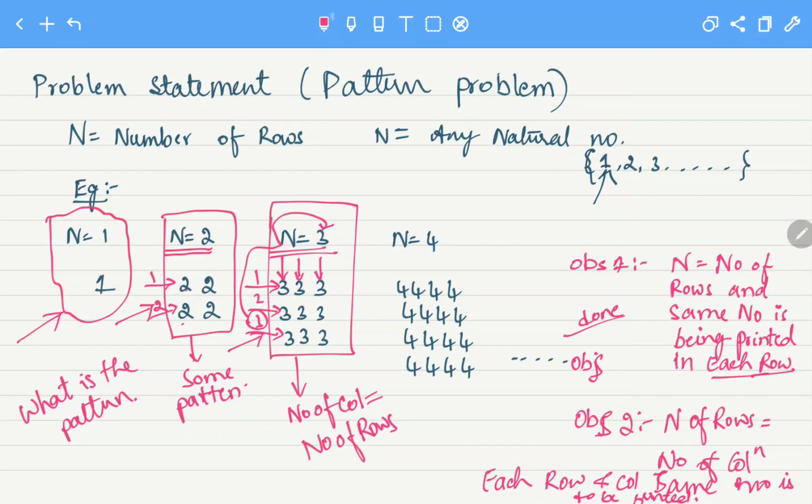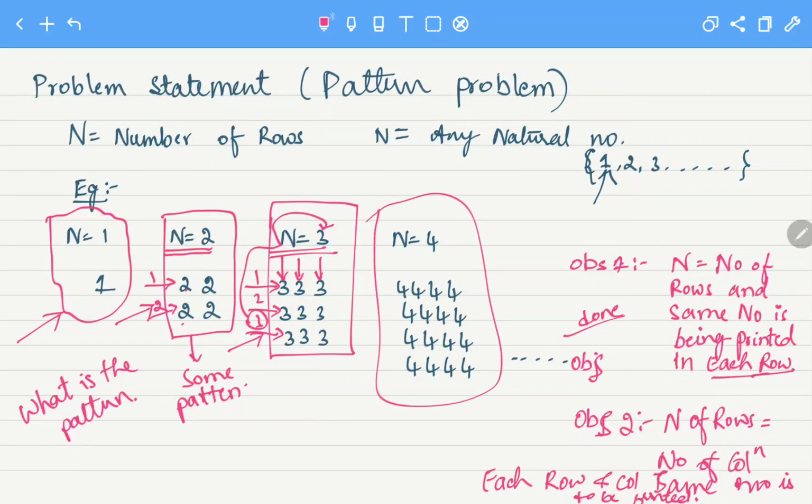Right? So in order to understand whether we have understood it correctly or not, let's take the example of n equal to 4 and check. For n equal to 4, according to our observation 1, it should have 4 rows and the same number printed in each row.